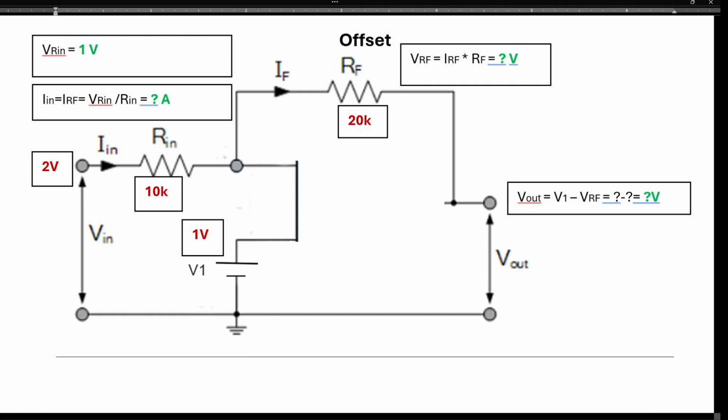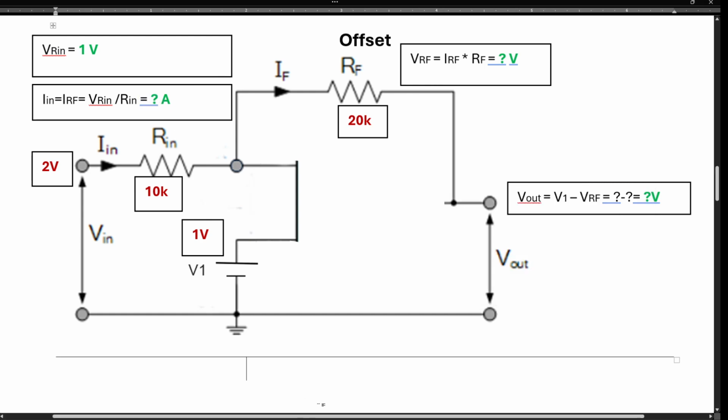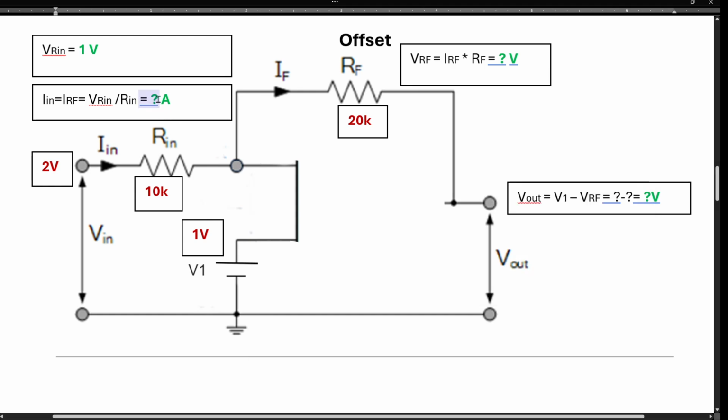Well, let's grab a calculator. 1 volt divided by 10 kilo. That's 100 microamps. But we're just going to do it in the raw form.